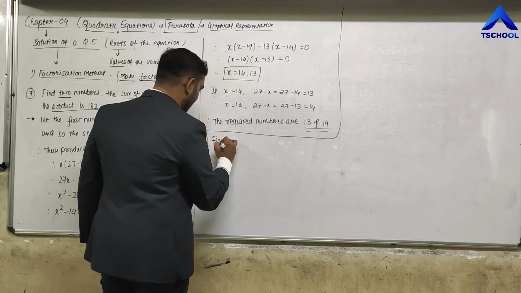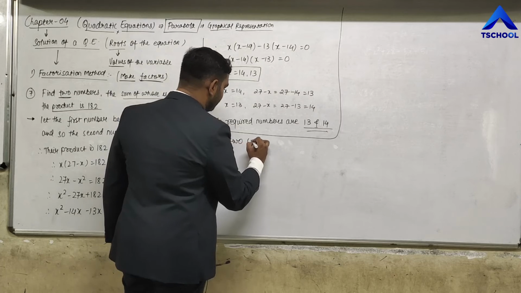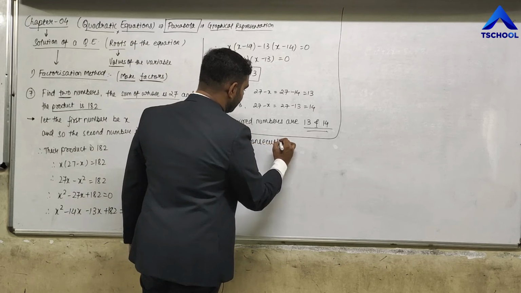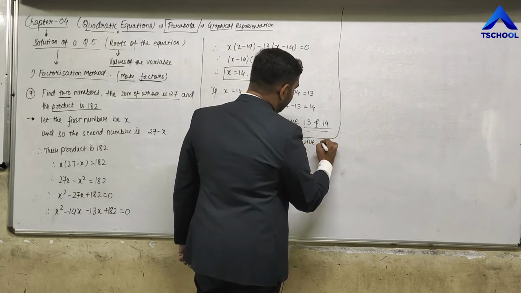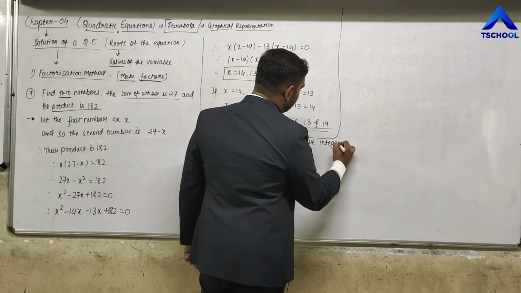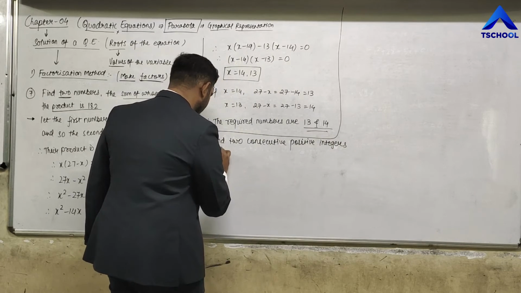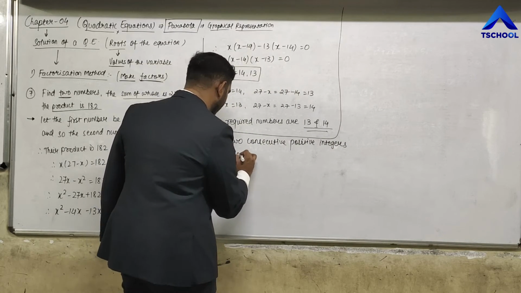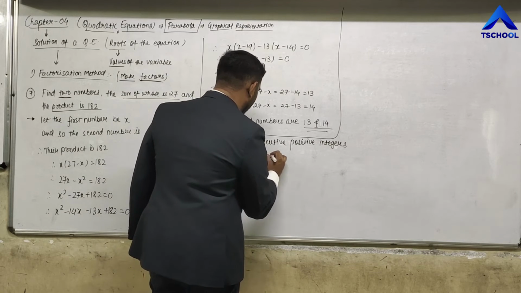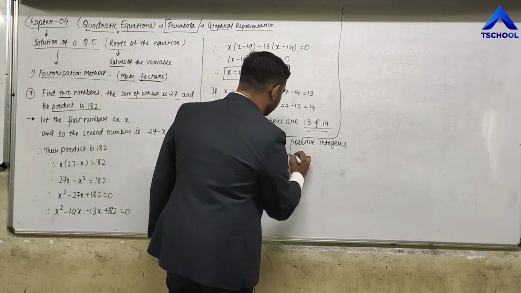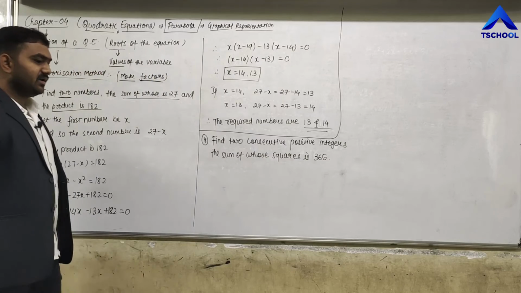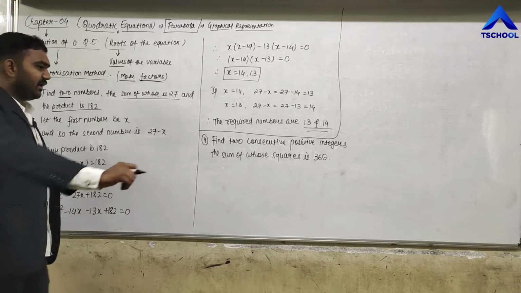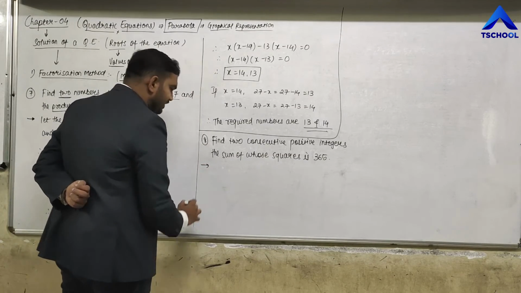Find two consecutive positive integers, the sum of whose squares is 365. Right? So again we are talking about two consecutive positive integers.